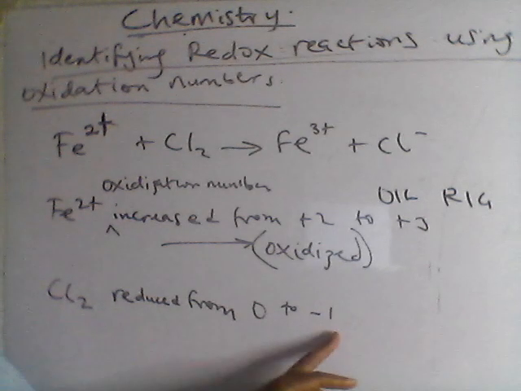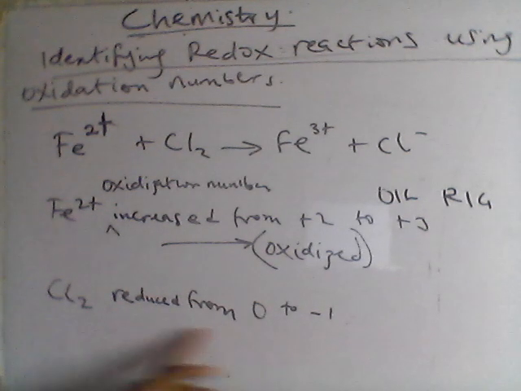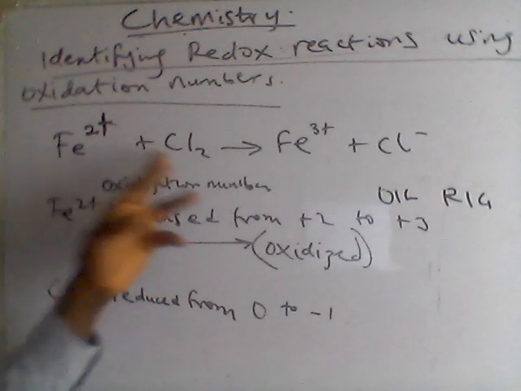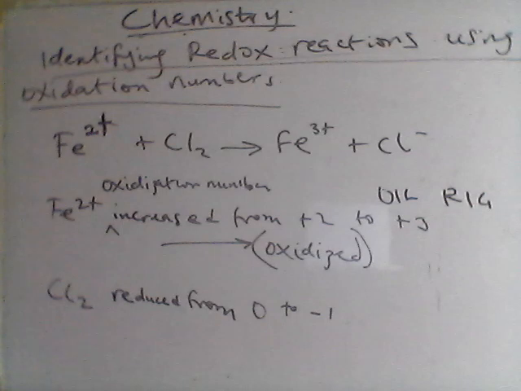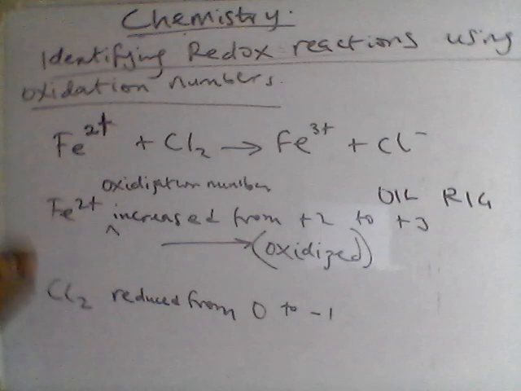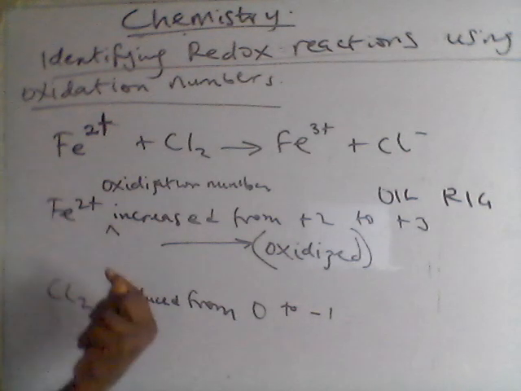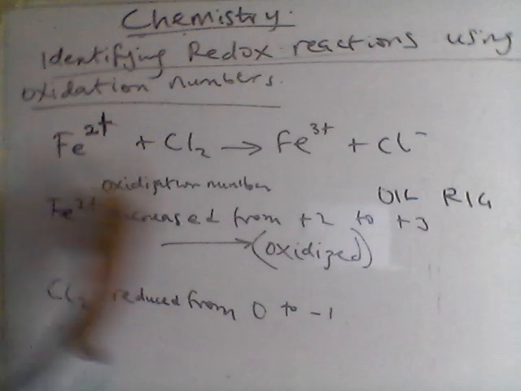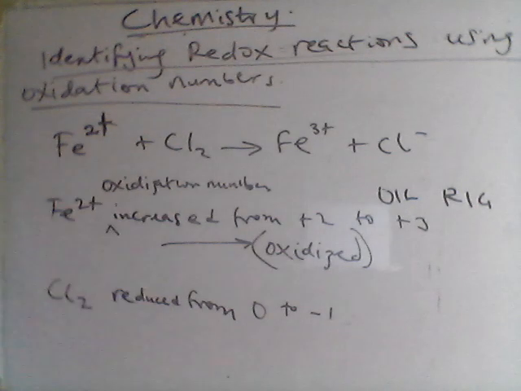Go to your number line. The minus is before 0. So this is reducing from 0 to -1. So that is reduction. This guy underwent reduction, but at the same time, it's an oxidizing agent. I hope you understand the concept of identifying oxidation and reduction based on electron transfer or oxidation number.